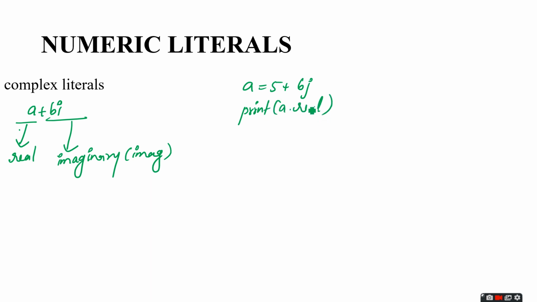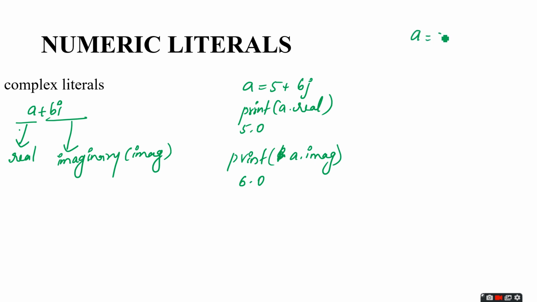Then we will get the value as 5.0. Or we can write print a.imag, the imaginary part. Then we will get 6.0. In this way we can get the real and imaginary parts.